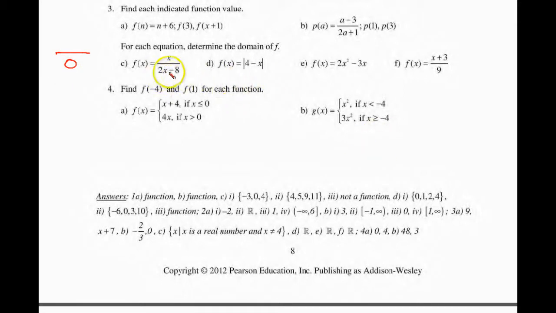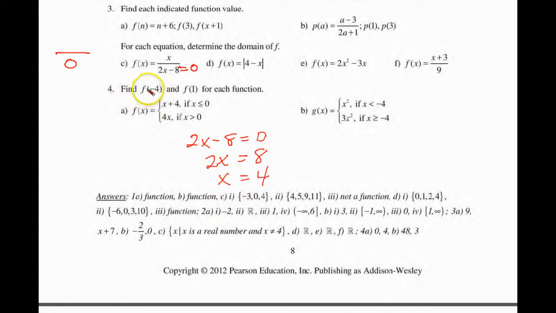So what we need to do here then is determine what values of x would make our denominator a 0. So we simply equate our denominator to 0, and we get the equation 2x minus 8 equals 0. 2x equals 8, x equals 4.